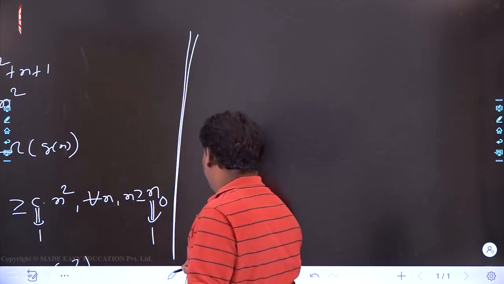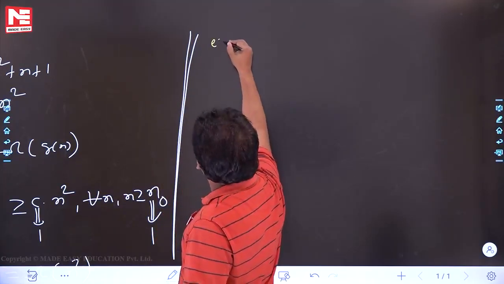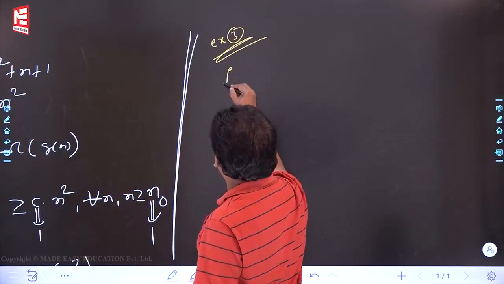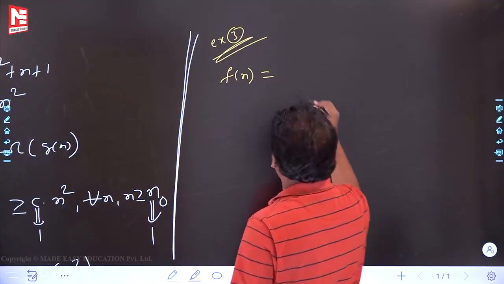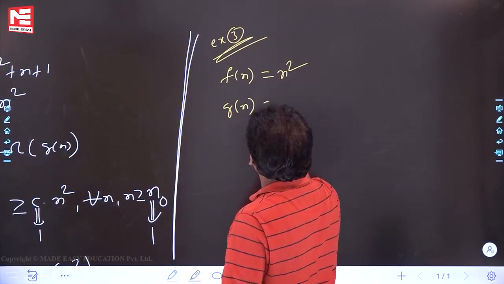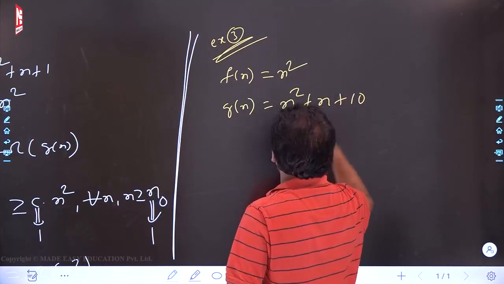See the example 3. This also you listen. F of n is equal to n square, g of n is equal to n square plus n plus 10.